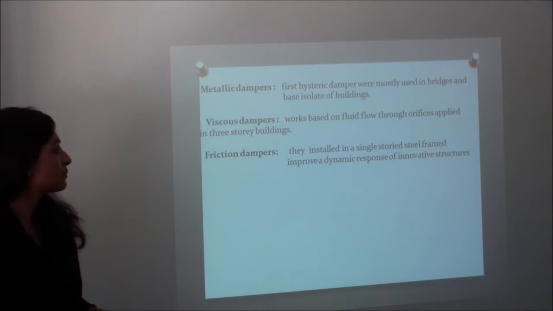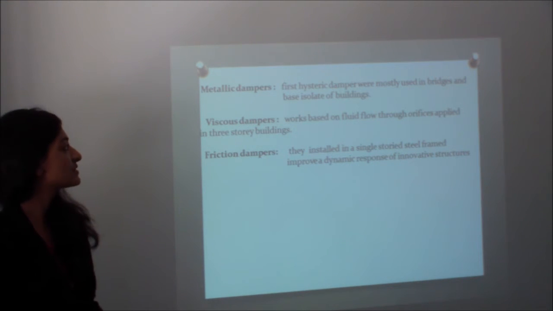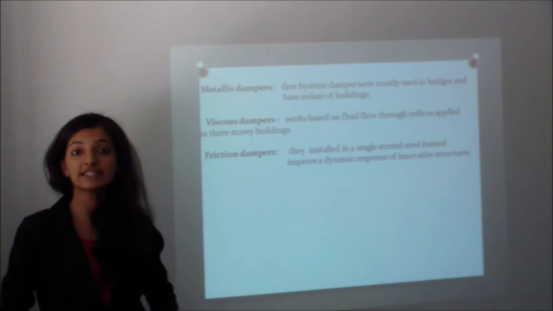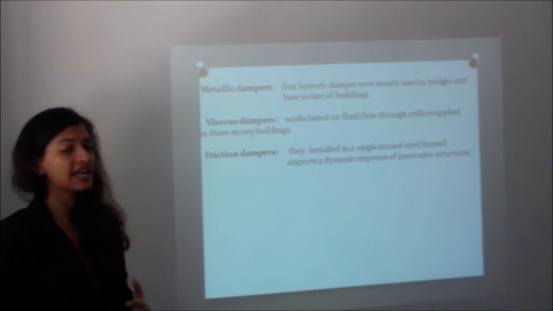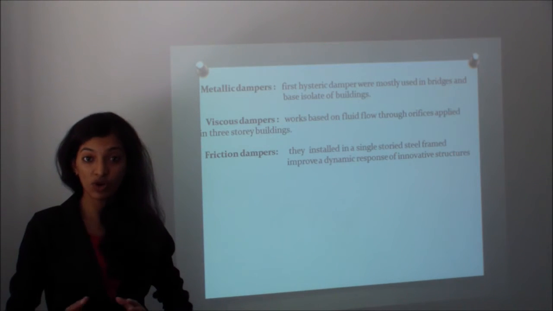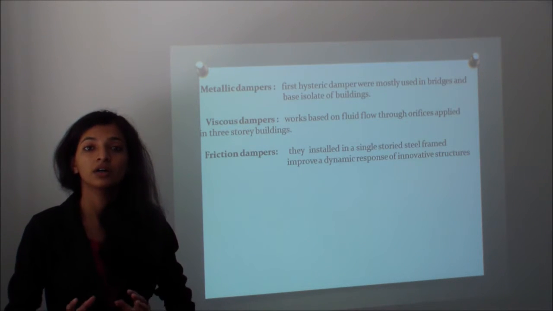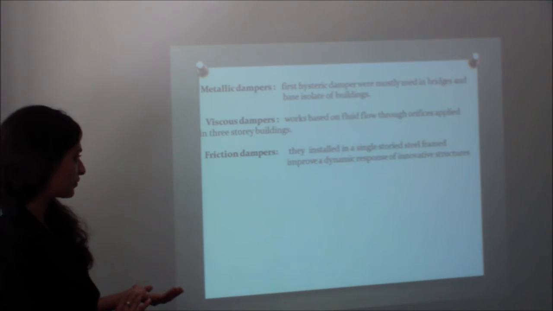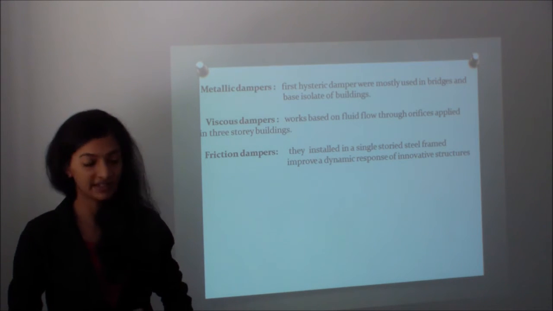Coming to metallic dampers, they are mostly used on bridges and base isolated buildings. Viscous dampers work on the principle of rapid flow through the orifice, and they are mostly applied in 3-storied buildings.